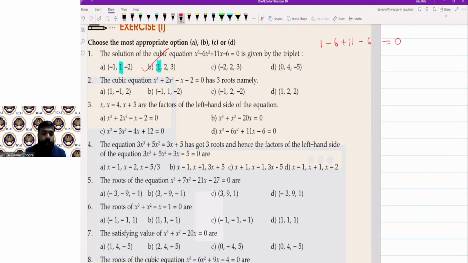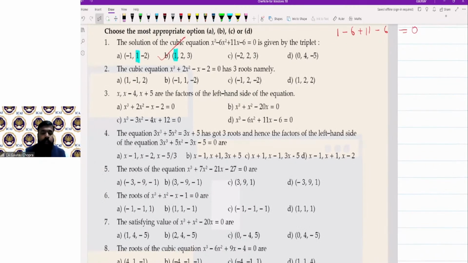Now try the second one. You have to try the second one, which option is correct. So try one by one, putting in the options and check which of the following is correct.